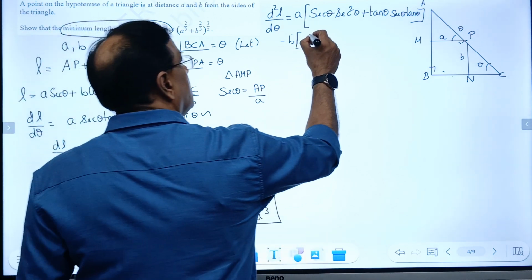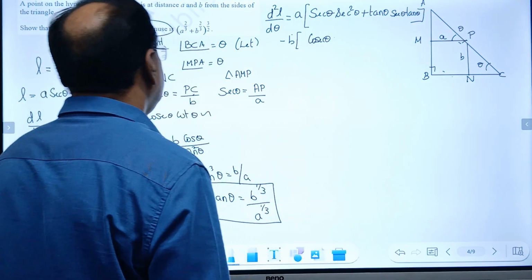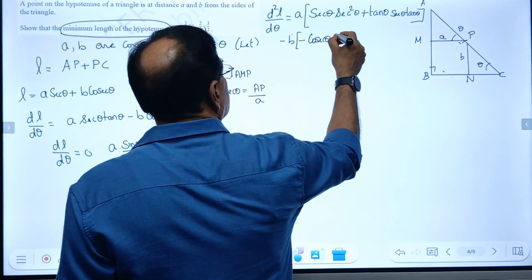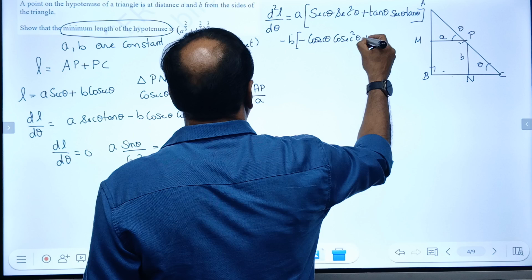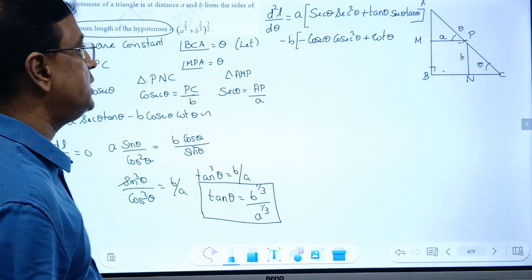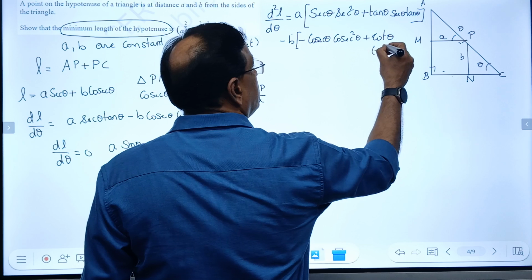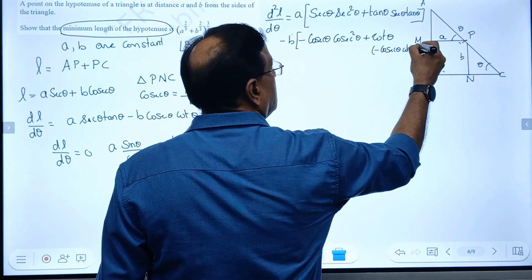What is that? Cosecant theta into the differentiation of cot, which is minus cosecant square theta, plus cot theta into the differentiation of cosecant theta. It is minus cosecant theta cot theta.